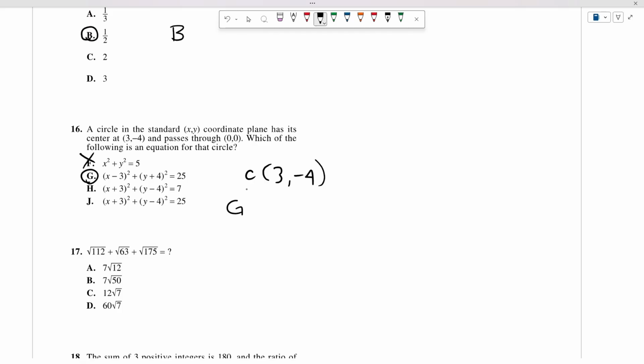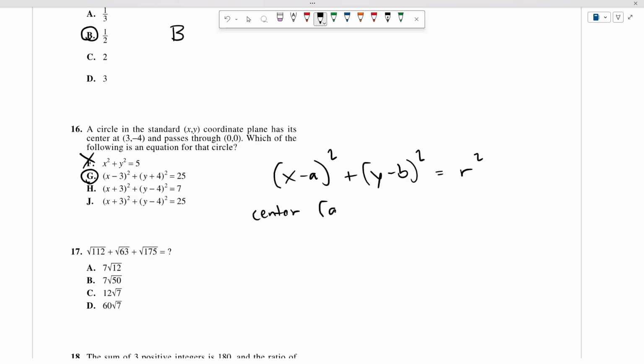If you were to do it by hand, the equation for a circle, if you know it, is x minus a squared plus y minus b squared equals r squared, okay? And here, the coordinates of your center are a comma b, and r is the radius of your circle, okay?